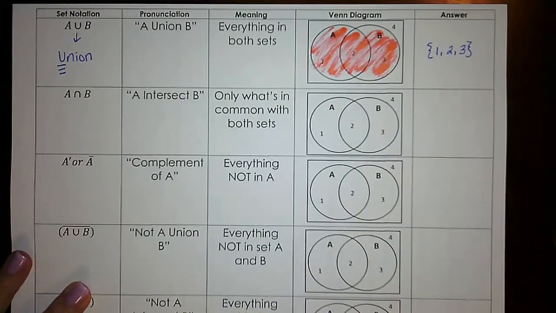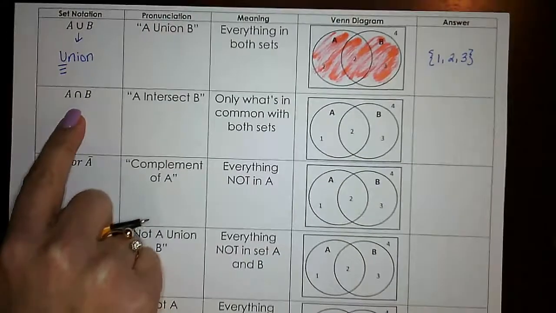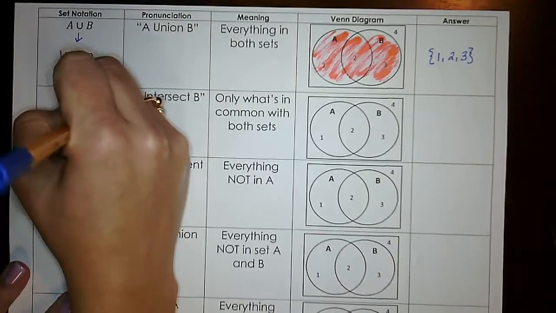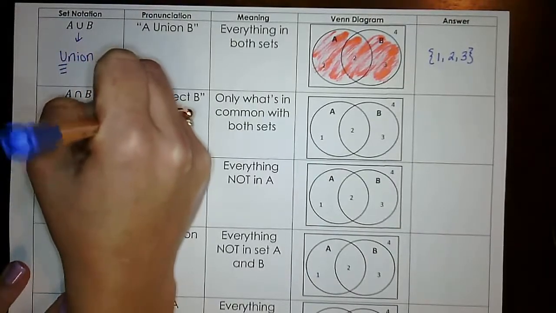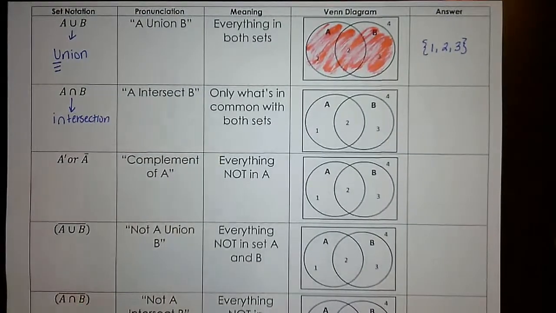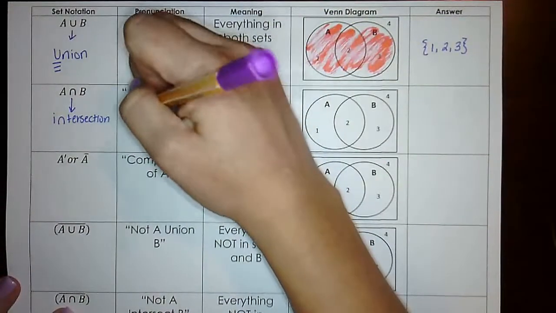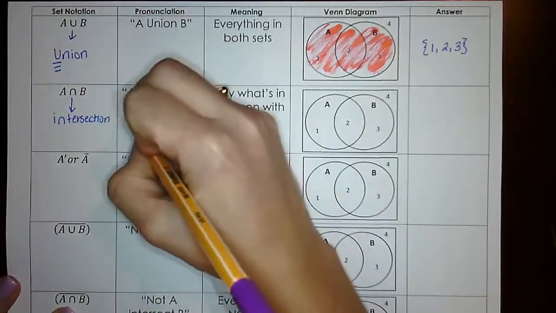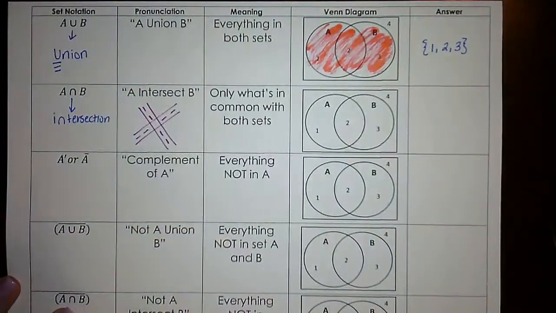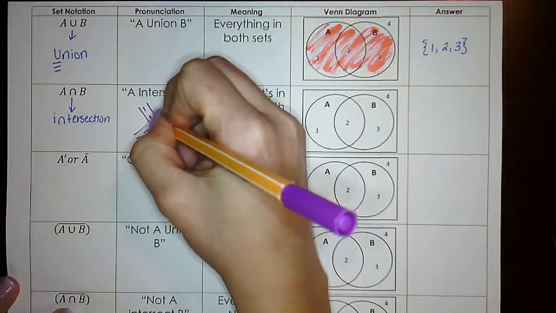And now let's go on to intersection. This looks like an N for intersection. And it's just like how you picture it when you're talking about intersection in the real world. So if we're talking about a road, and forgive my drawing, I'm not an artist, but if we have two roads intersecting, the intersection is where they overlap.